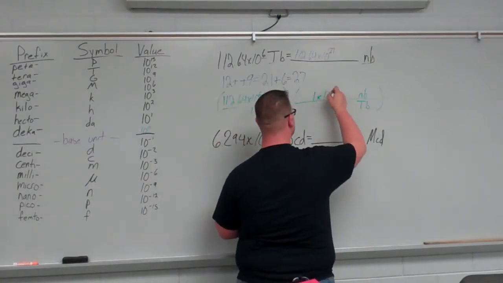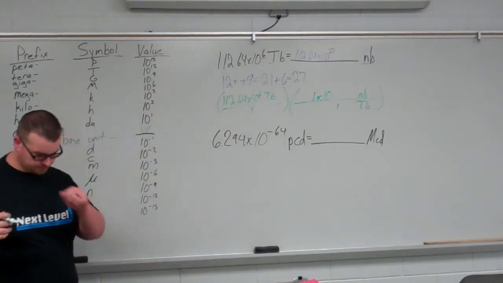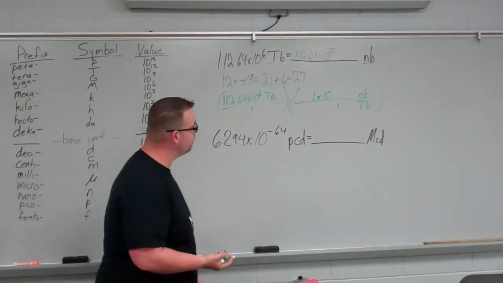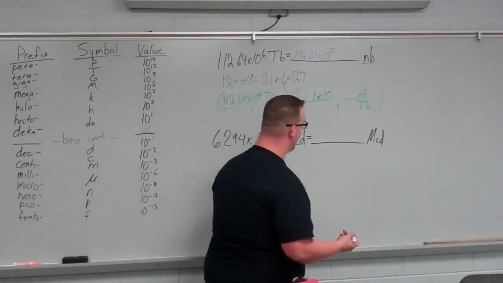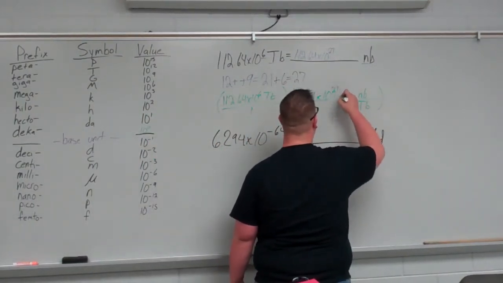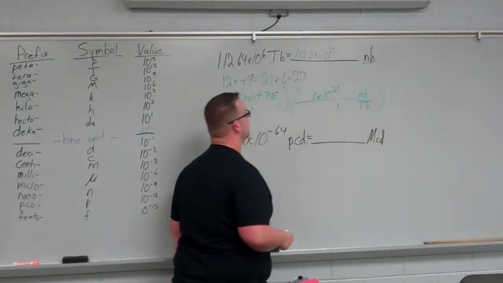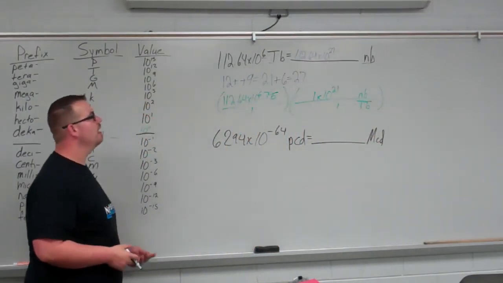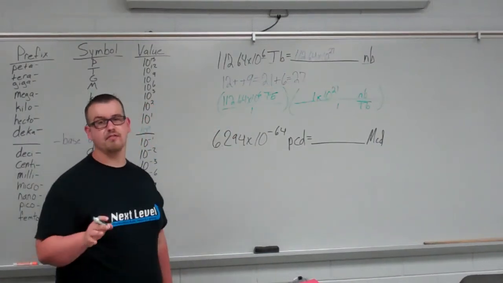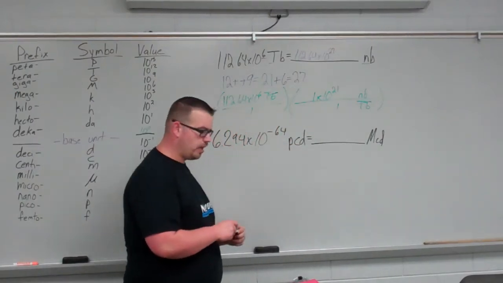So 1 times 10, and you look and say terabytes. Okay, a terabyte is 10 to the 12th, so it's 12 minus nanobytes, which is negative 9, and you find that to be 12 plus 9, which will be equal to 21. Now in this, terabytes cancel out, you do the math, you go straight across, you're going to find out that you'll end up with that answer up there. There's not that extra step. You only have that extra step here that I wrote in purple if you do method 1.